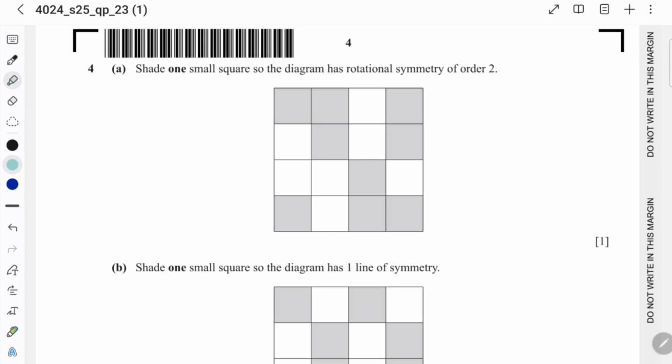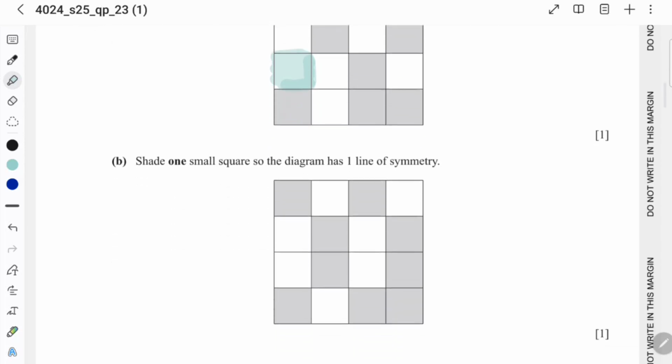If we check, these two move up till here, and this one moves to this side, and this one again moves to this one. So this is empty. It means this is the square which we'll have to shade. So right now I'm shading this one.